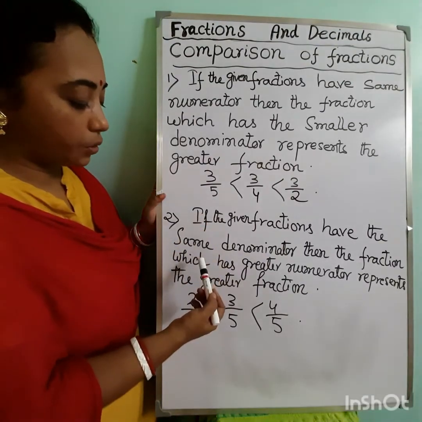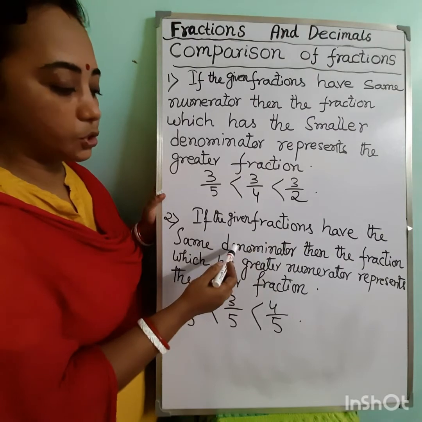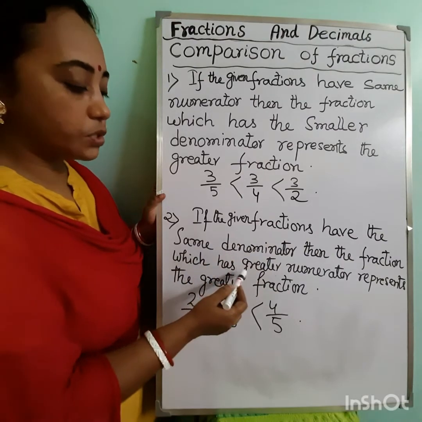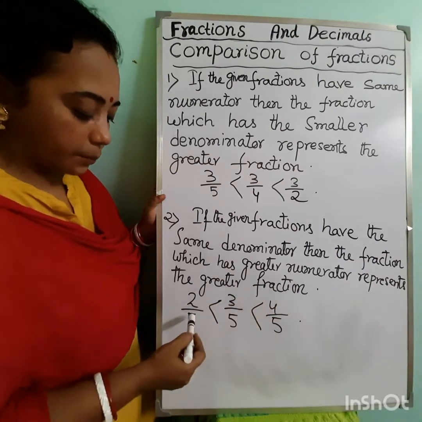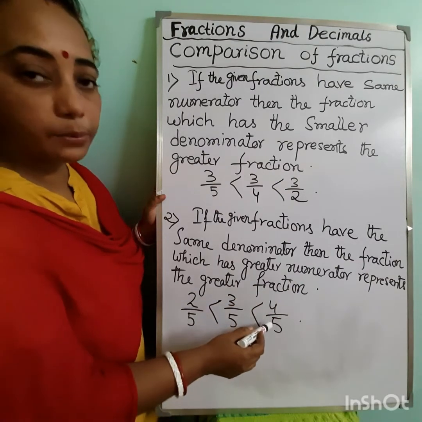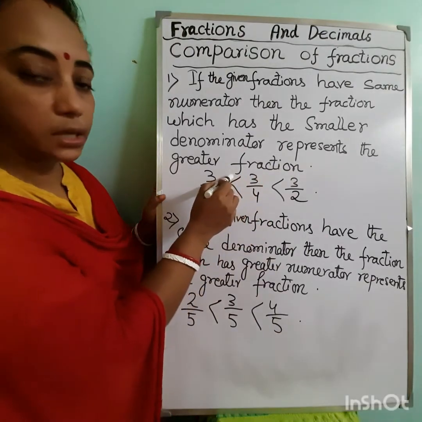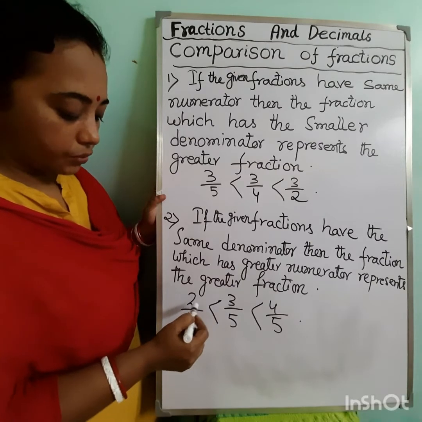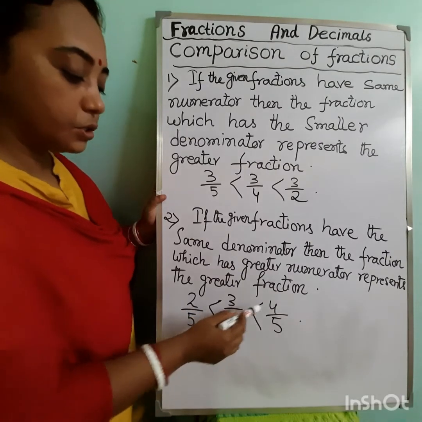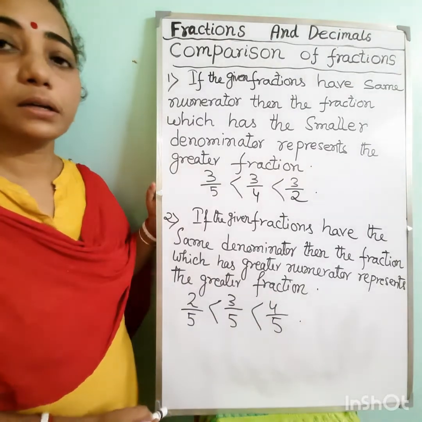Come to another important rule: if the given fractions have the same denominator, then the fraction which has the greater numerator represents the greater fraction. In the previous case it was the numerator and here it is the denominator that is the same. In this case, we just compare the numerators. The fraction with the greater numerator will be the greater fraction.